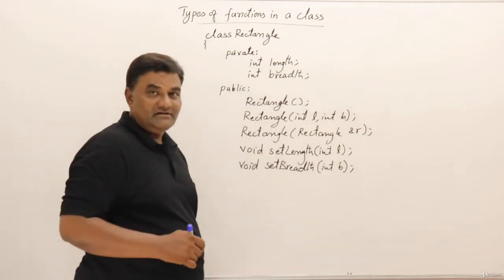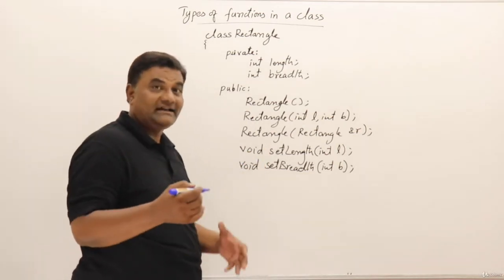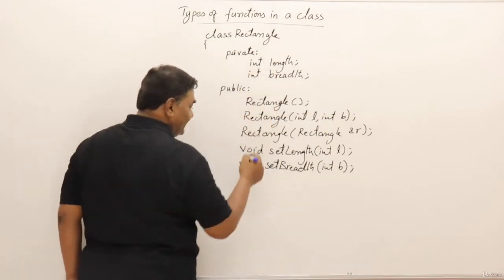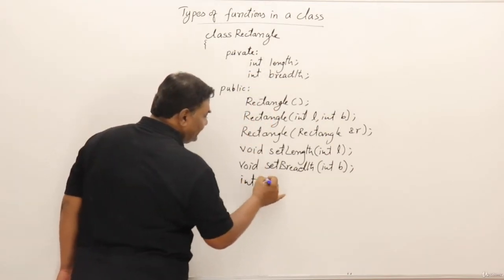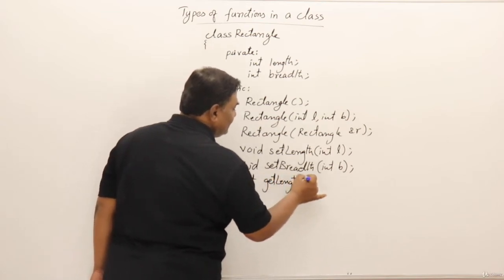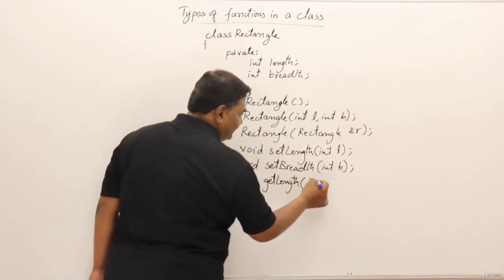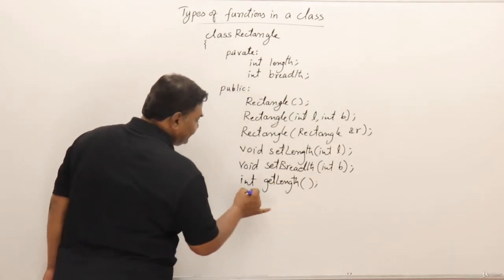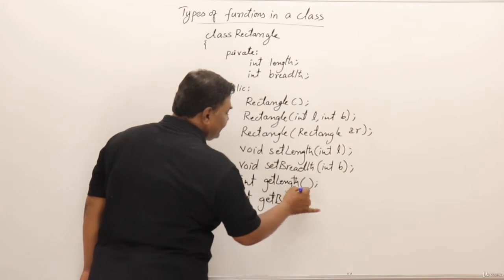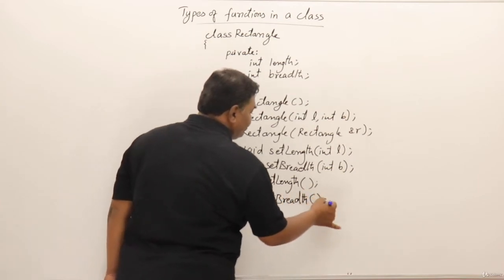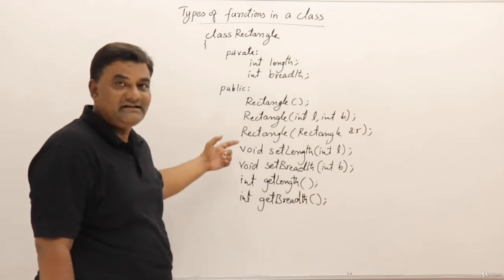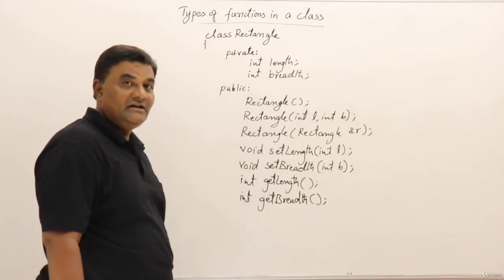These are mutators. Now next we will write accessors, that is, getter methods. As we have two properties, length and breadth, I will write two methods. One is getlength, which returns the length value, and next is getbreadth, which returns the breadth value. So mutators and accessors, setter and getter methods, are completed.